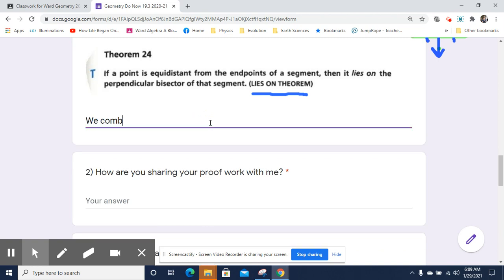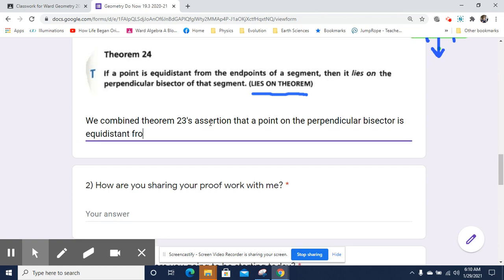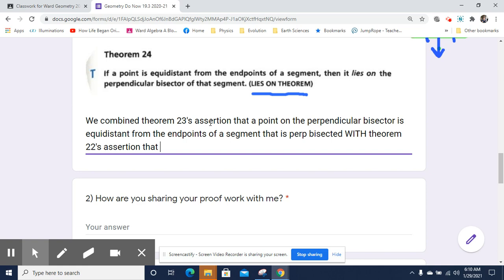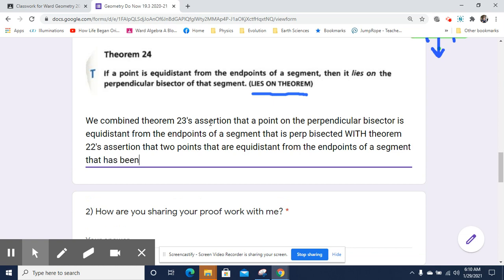Okay, so we combined theorem 23's assertion that a point on the perpendicular bisector is equidistant from the endpoints of a segment that is perpendicularly bisected with theorem 22's assertion that two points that are equidistant from the endpoints of a segment that has been perpendicularly bisected determine the perpendicular bisector.